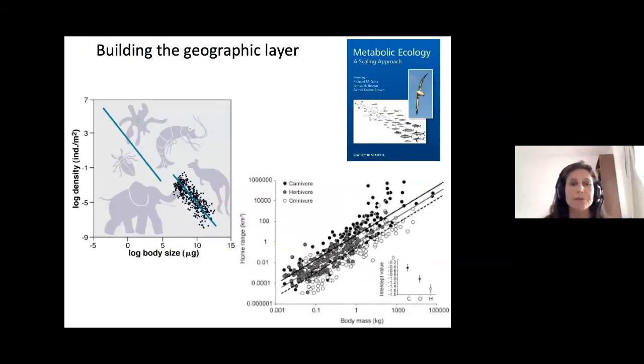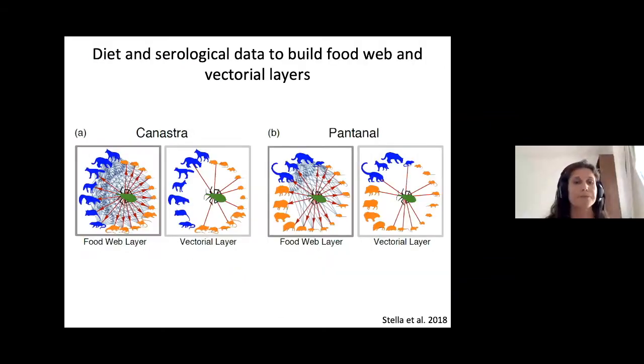To parameterize the species distribution on the geographic layer, we use data on species body masses and metabolic theory models to estimate the population densities and the home ranges of each species. We use previous data on species diets and serological surveys to determine the structure of the food web and the vectorial layers.